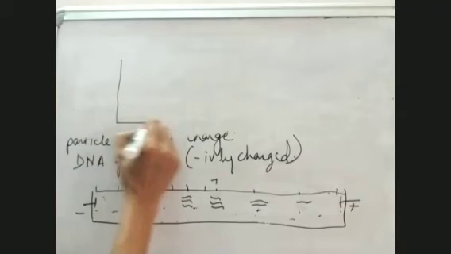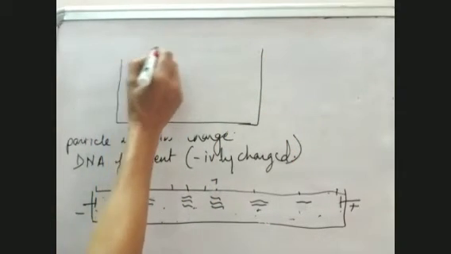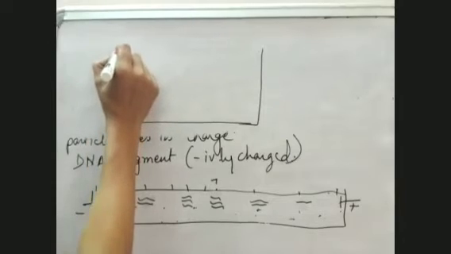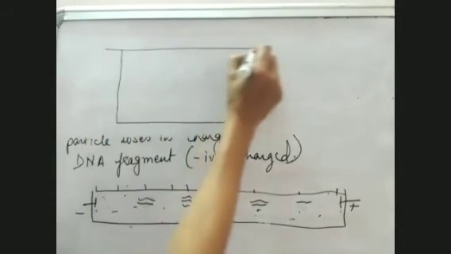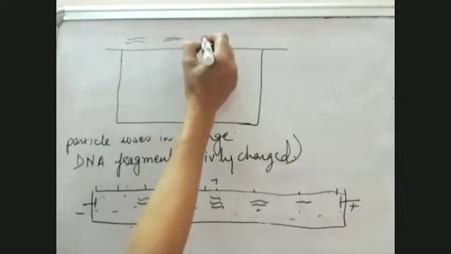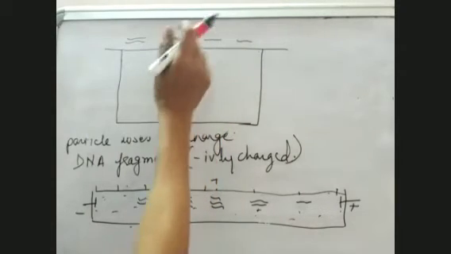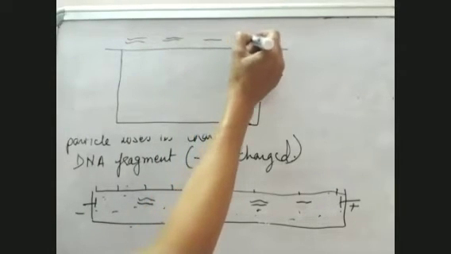Suppose this is another plate of agarose gel, and here we took the plate on which the fragments were there at different levels, somewhere 2, somewhere 1, somewhere 3.